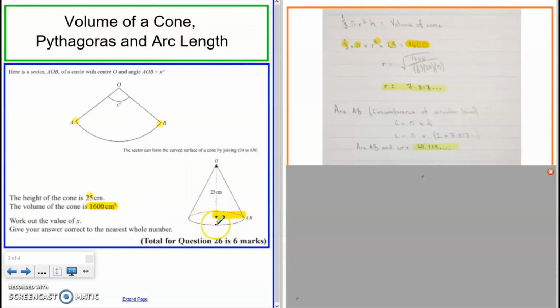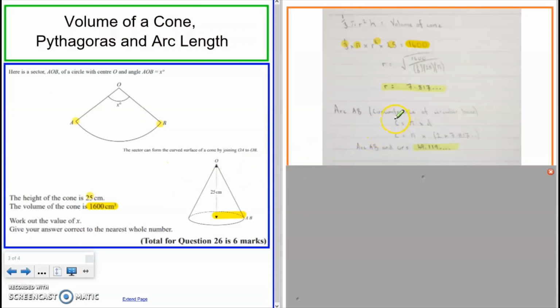So if I work out the circumference of this circle, it will be exactly the same length as the arc A to B. And that's because this sector formed the cone when we joined it together.